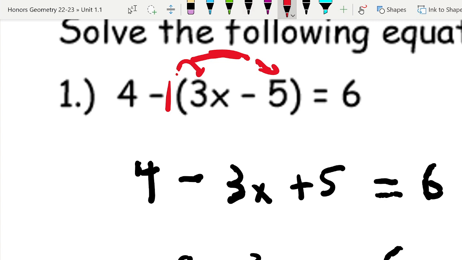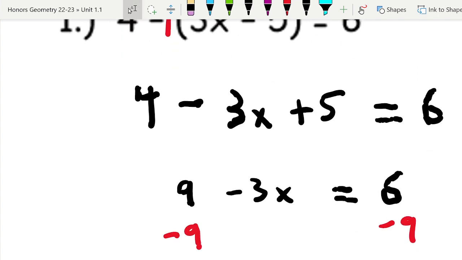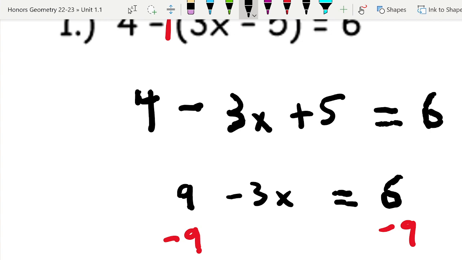We'll divide by -3, and we'll end up with x equals +1.